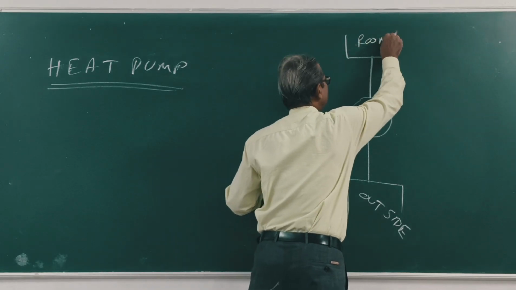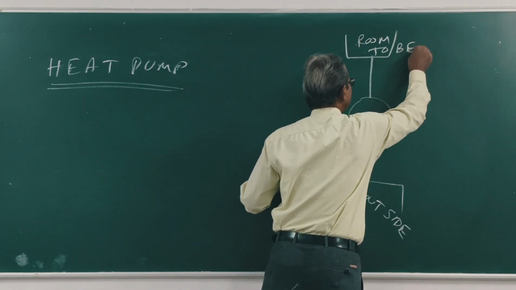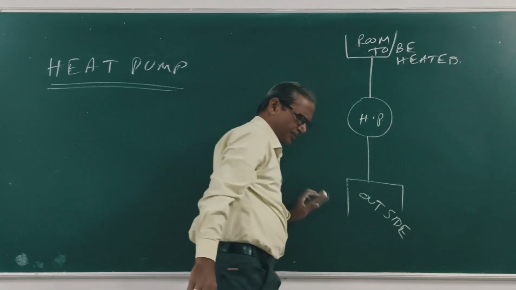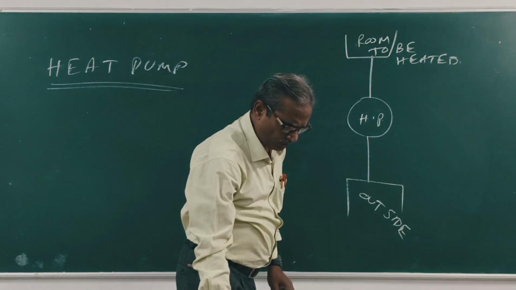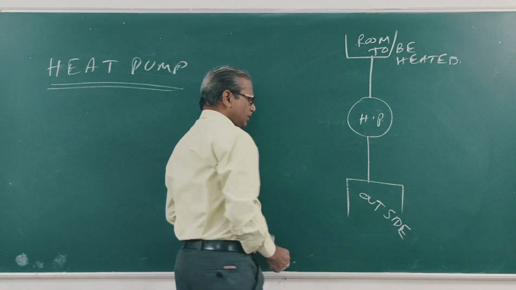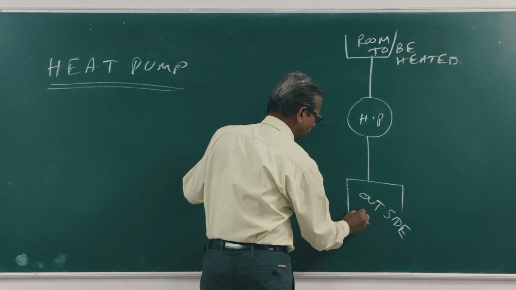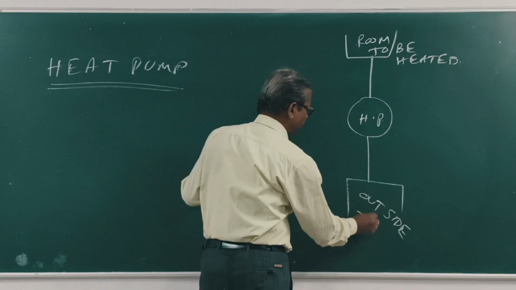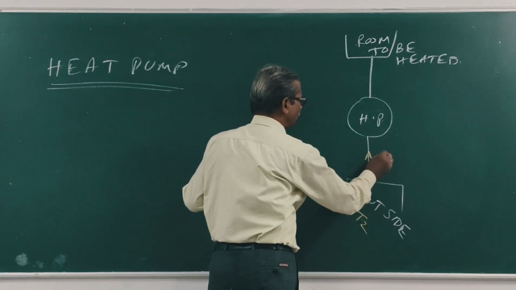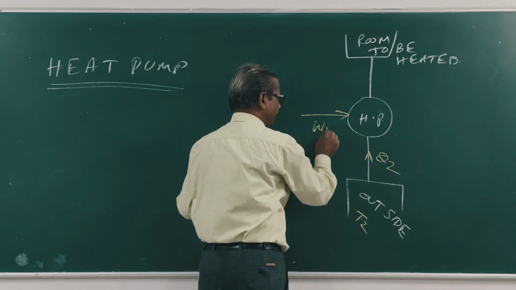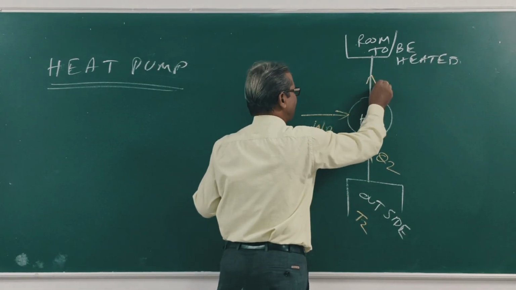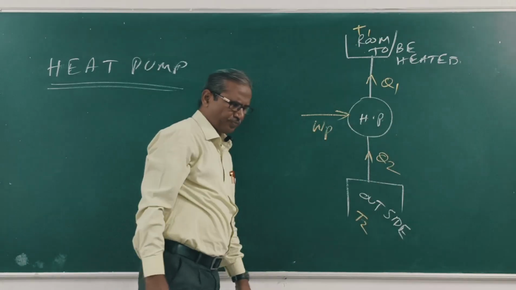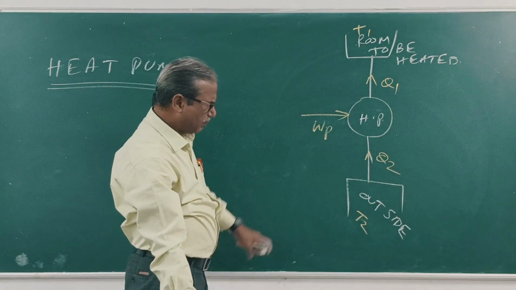Room to be heated. Right? Now the temperature T2. This is temperature T2. The heat is extracted from the outside, Q2. The WP is the work input, heat supplied to the room Q1. This temperature, Q1. Right? This is the heat pump.